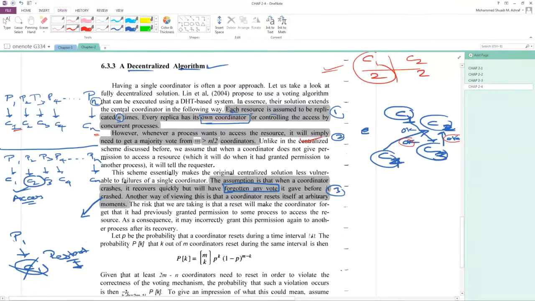Okay, good question. Number 3 point, if any coordinator fails, then what will happen? You have to restart the process, and when you restart the process, you will forget the old permission. Okay, the old voting. These are the three points.